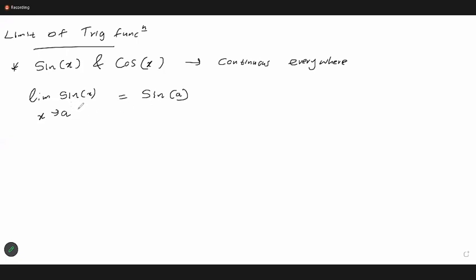We can apply that concept to the trig functions sine and cos like this.